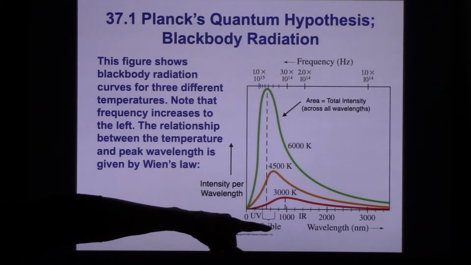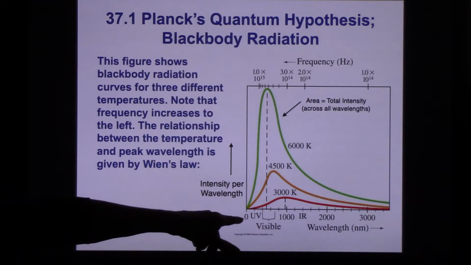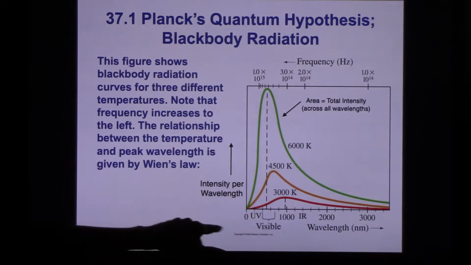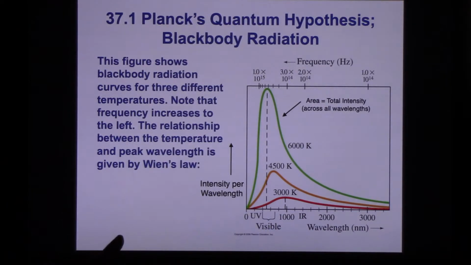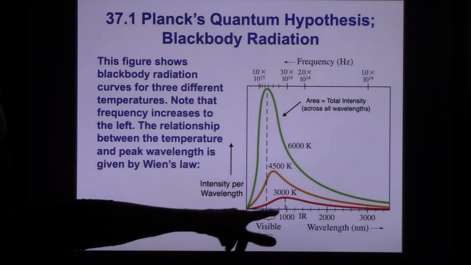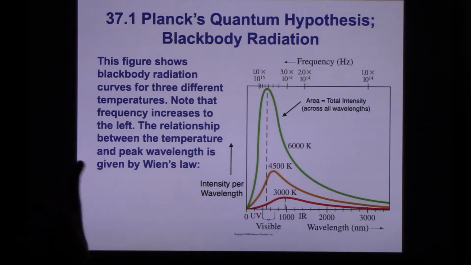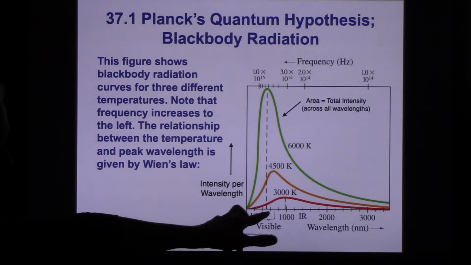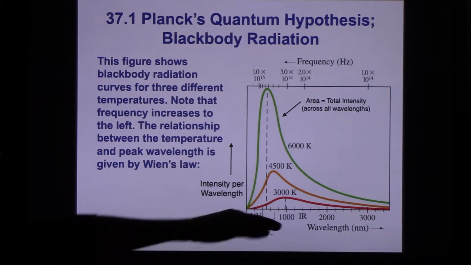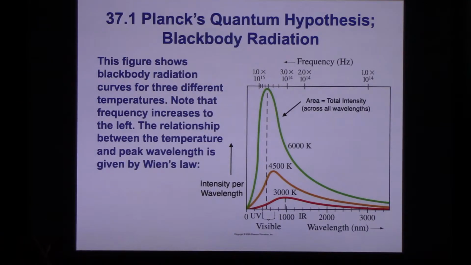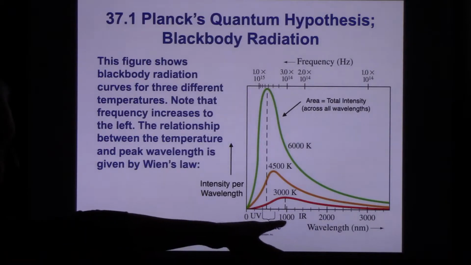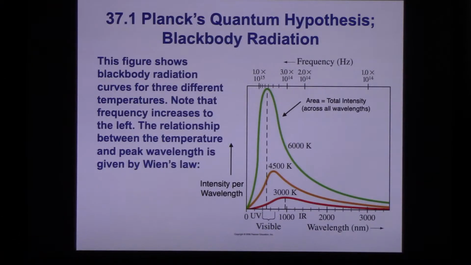On the chart we have here, wavelengths are listed in nanometers: 0, 1,000, 2,000, 3,000. The visible part of the spectrum is between 400 and 700 nanometers, so it's that narrow region right there. Things to the left are at shorter wavelength, that's UV, and things to the right at higher wavelength, those are infrared.